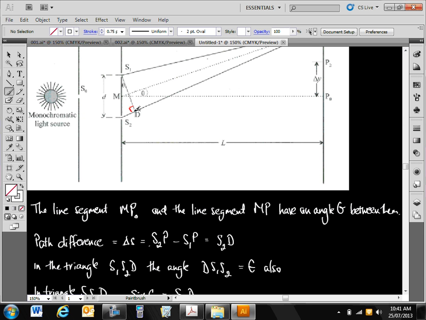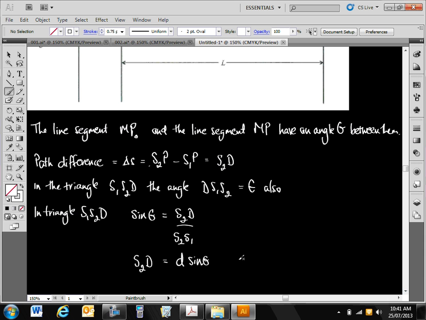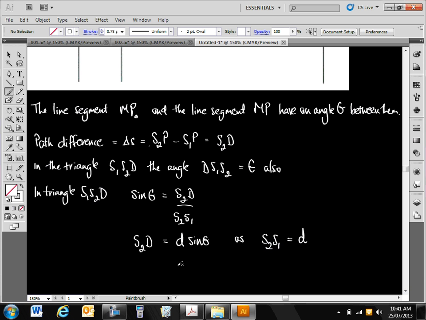S2 D there is equal to this distance here times sine of theta, as S1 S2, S2 S1, equals the distance d. Okay, that's not a difficult one there.